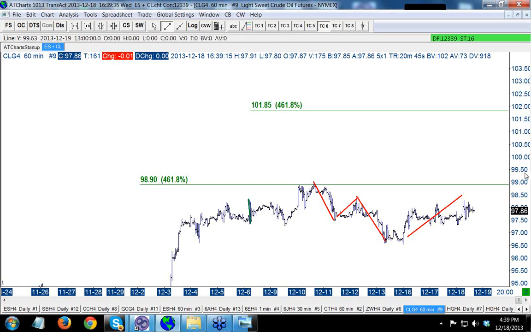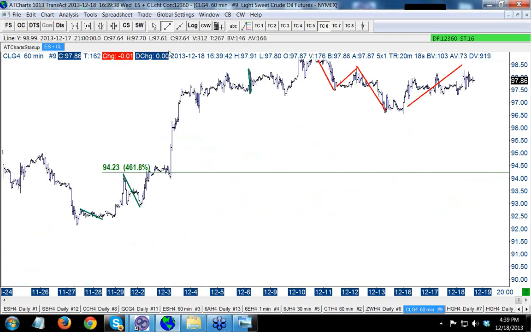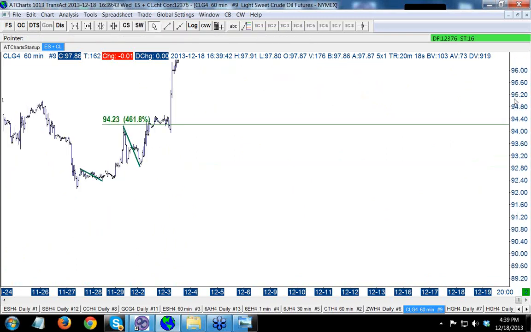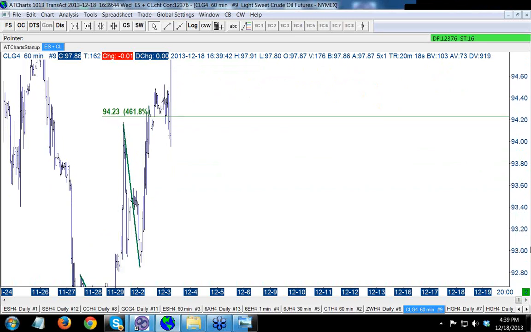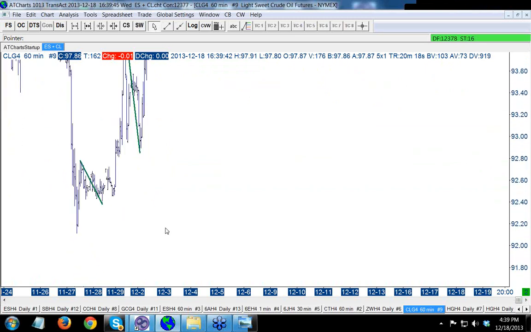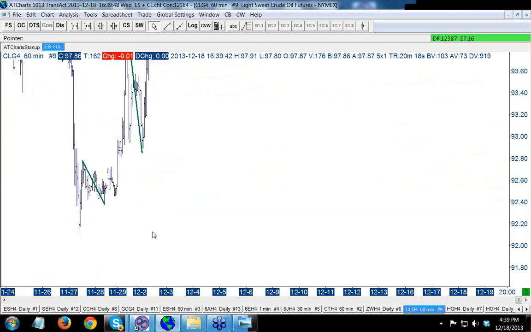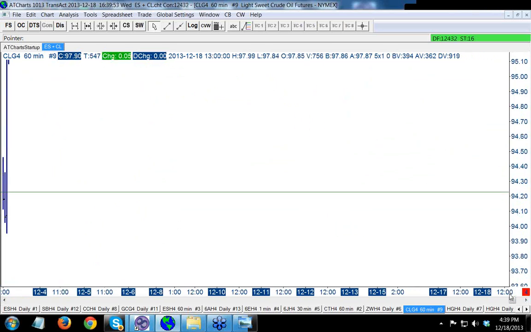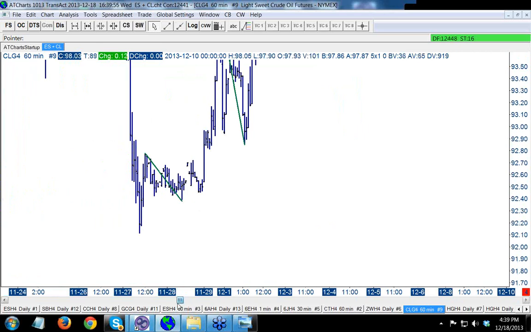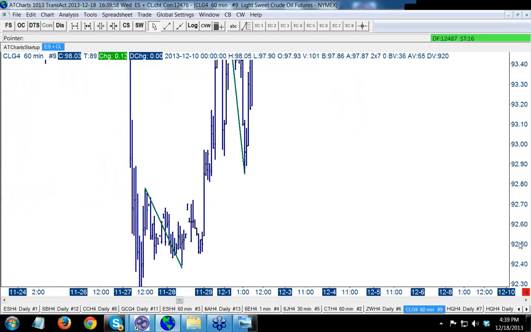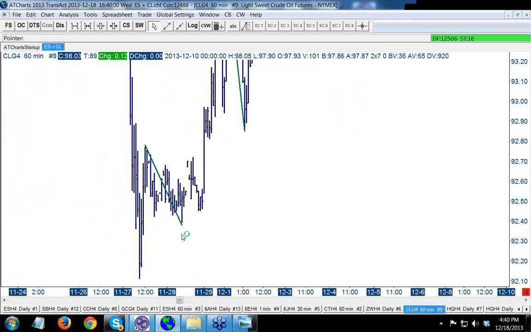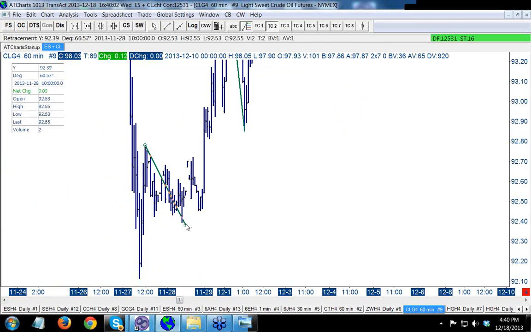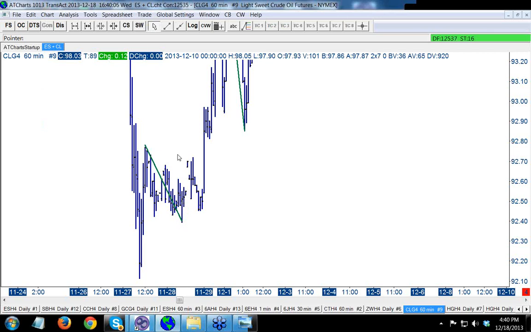How big of a drop can we expect? Well, how deep is the dominant here? The dominant here. He's not terribly deep, but he's not super shallow.